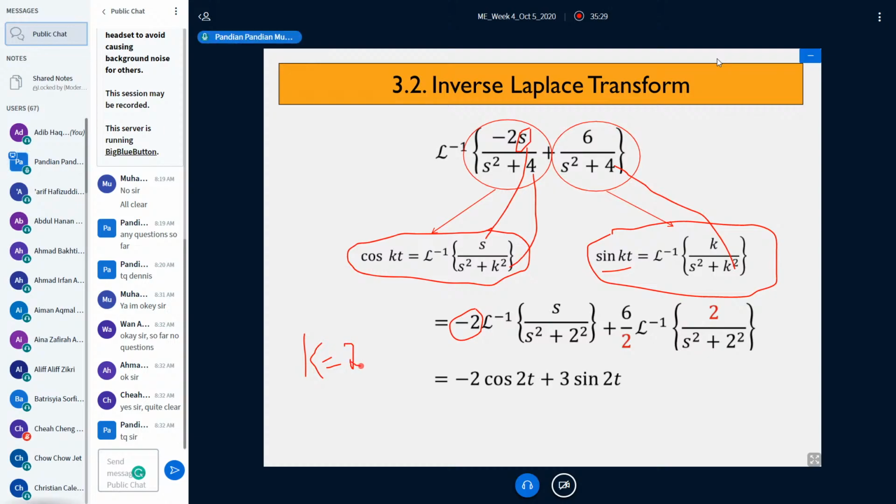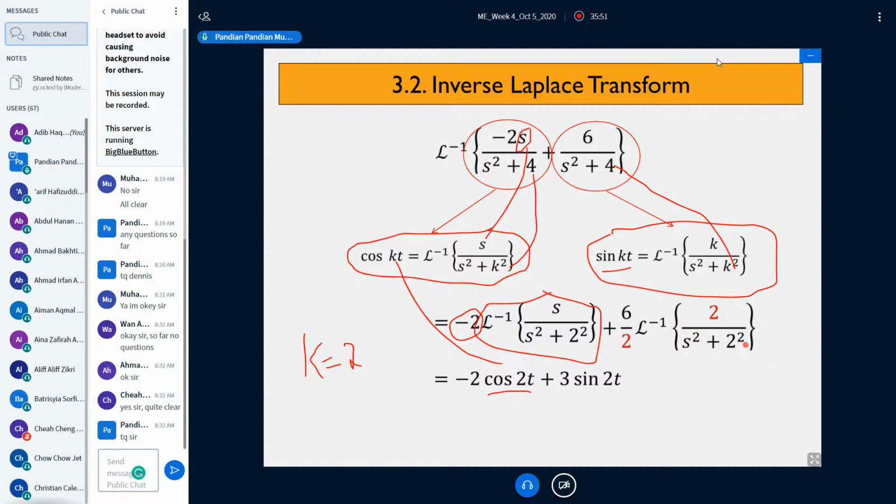By matching, you identify k is 2, because 2 squared is 4, and this is nicely fixed to this formula. Therefore, this becomes cos 2t, but minus 2 you don't disturb, put it outside.